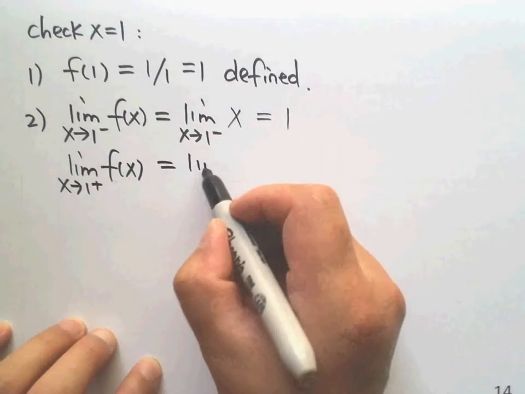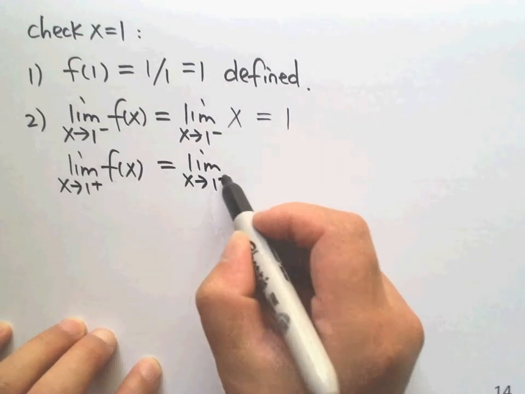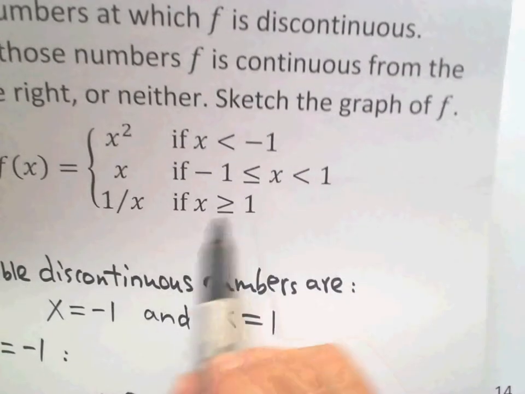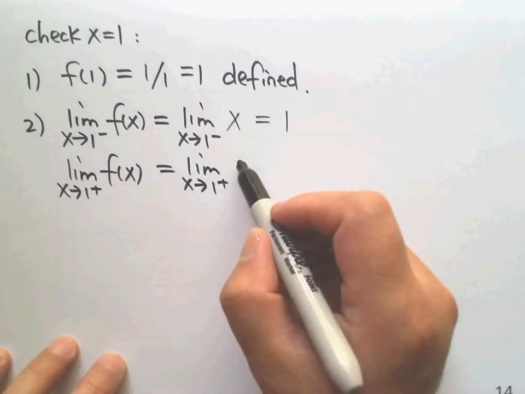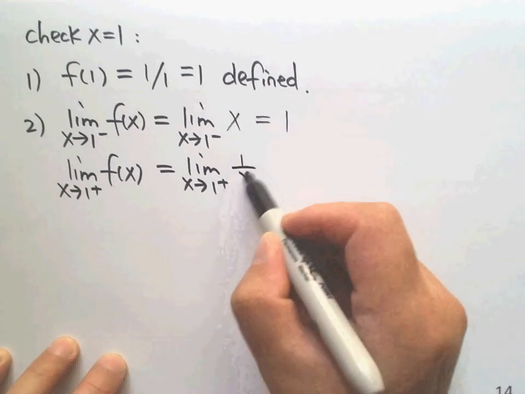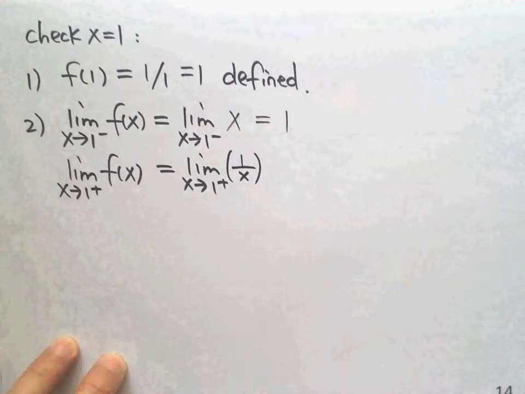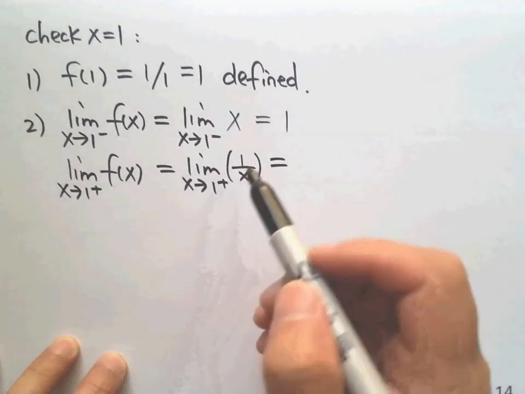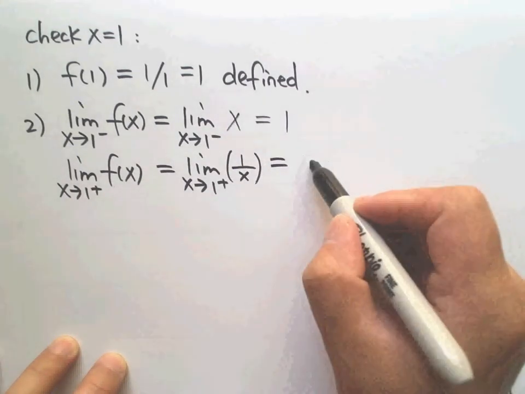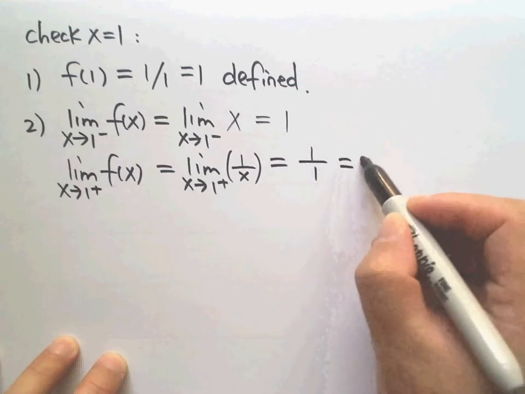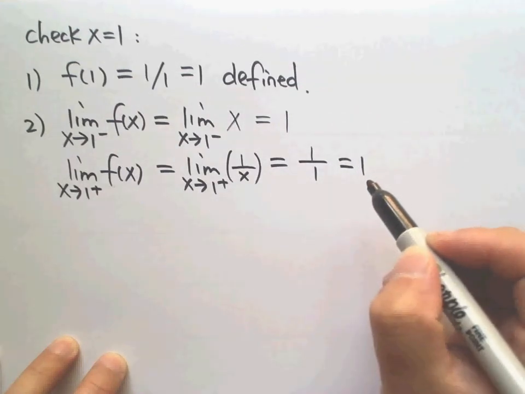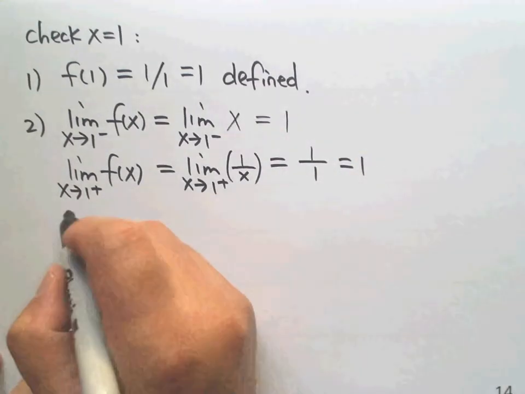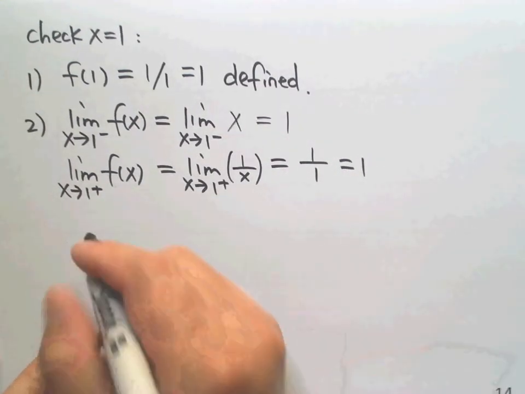Now we look at the right-handed limit. The function to the right is 1 over x, so substituting gives 1 over 1, by the quotient rule, and we get 1.